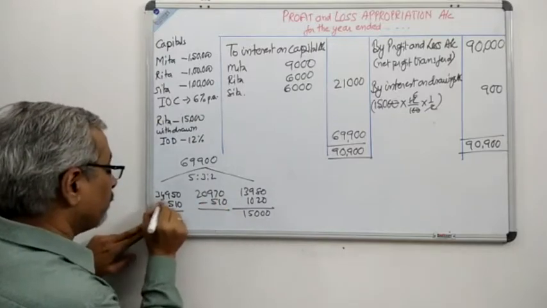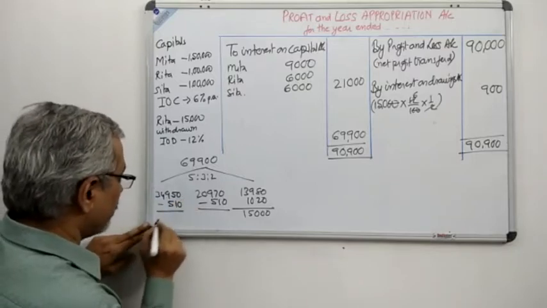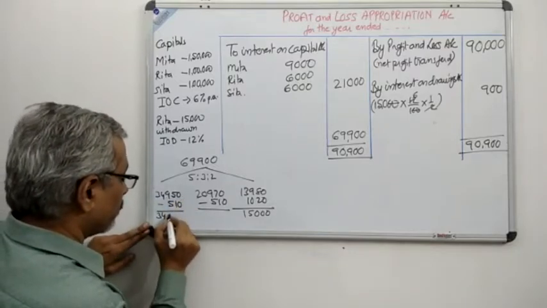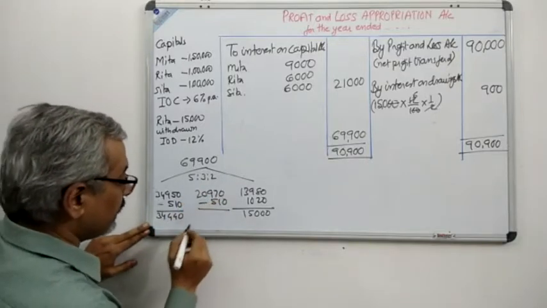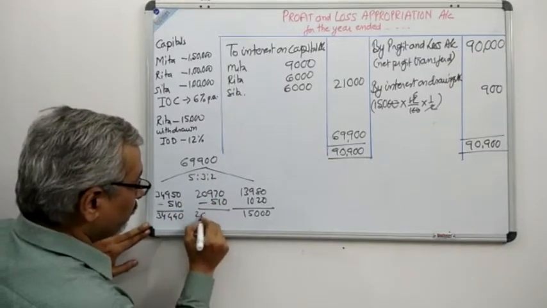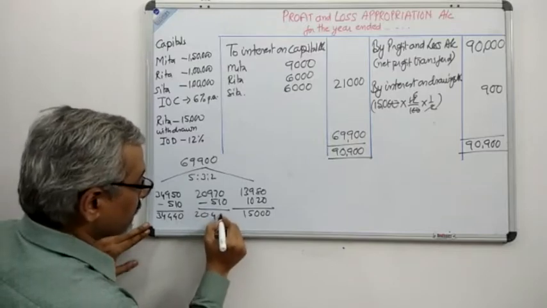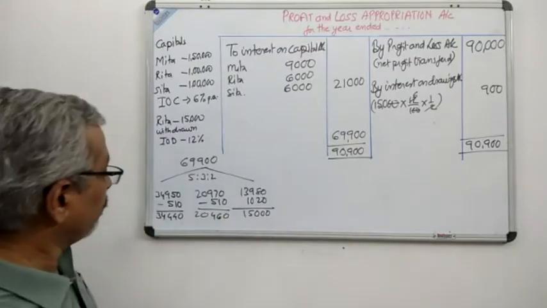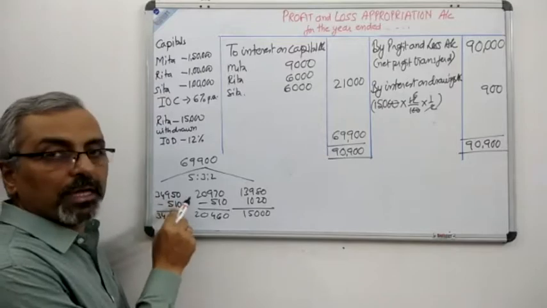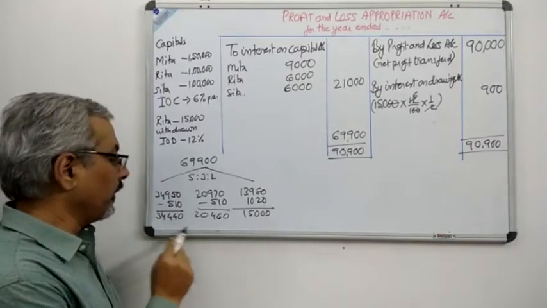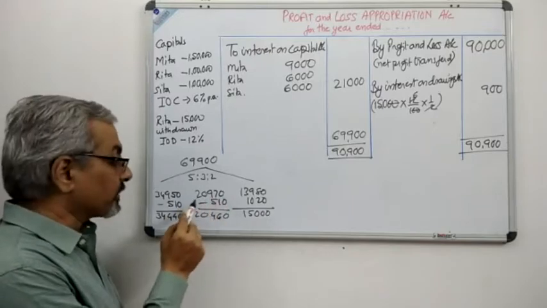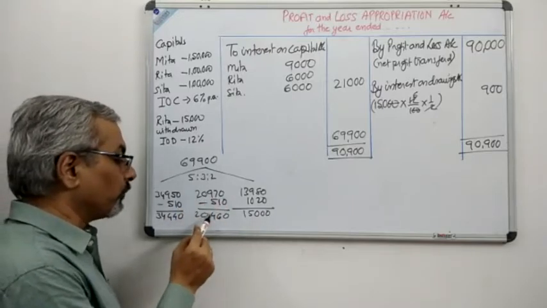So you have 34,950 minus 510 gives you 34,440, and here you have 20,970 minus 510 will give you 20,460. So you can see very carefully that from 34,950 I have subtracted 510 to get 34,440, and from 20,970 I have subtracted 510 to get 20,460.